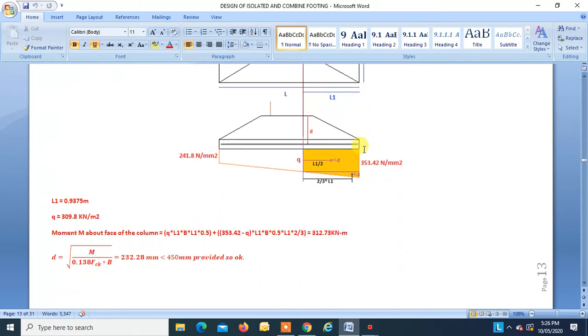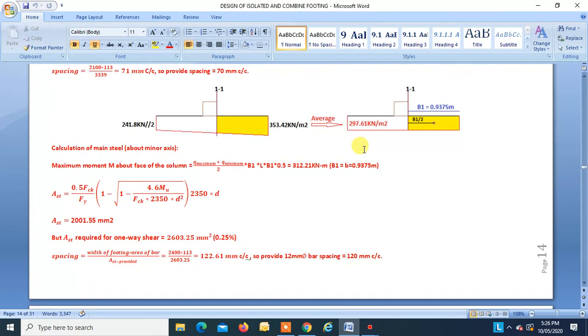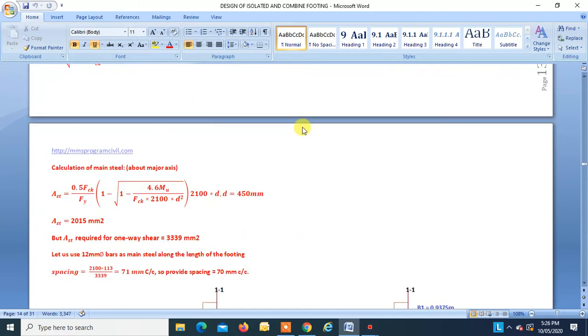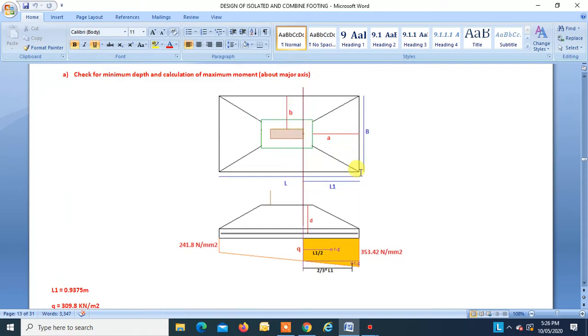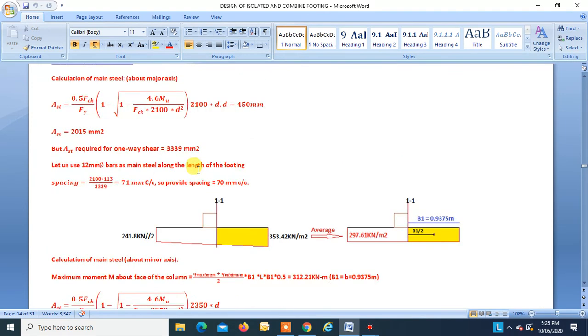This is the section I have shown at the face of the column. Over here the upward soil pressure stress is 353.42 kilonewton per meter square, and over here it is 241.8.